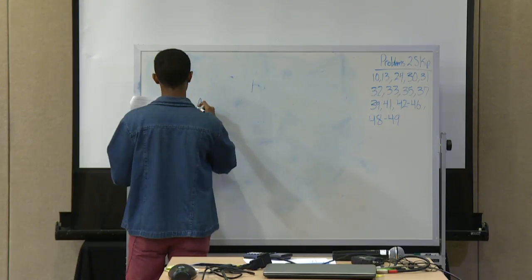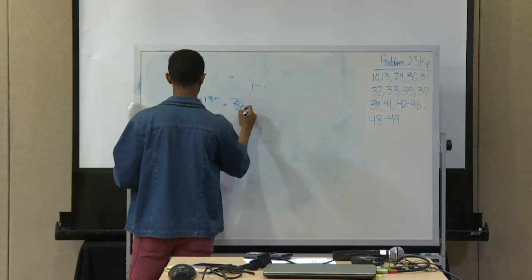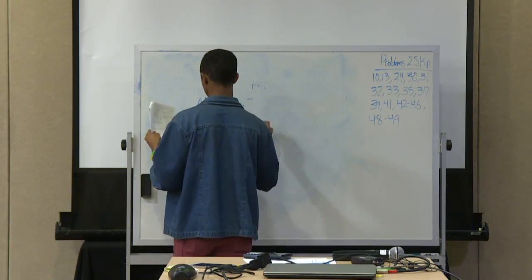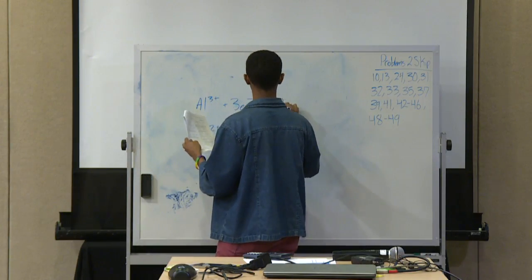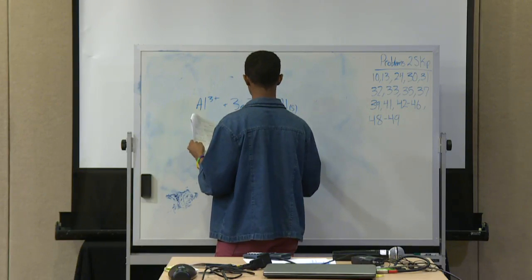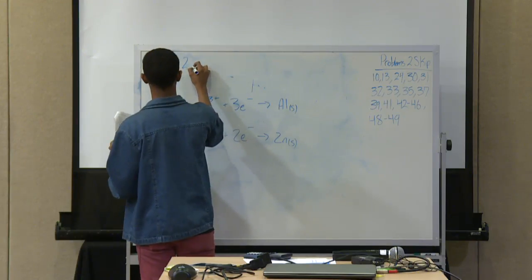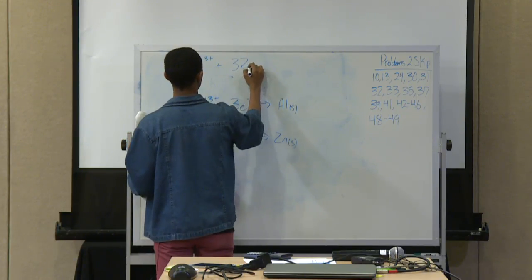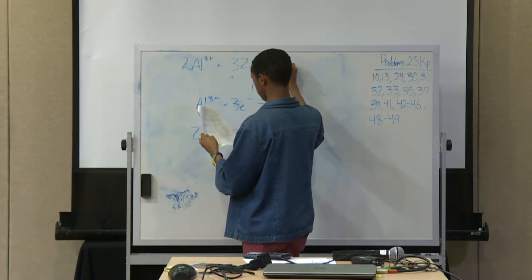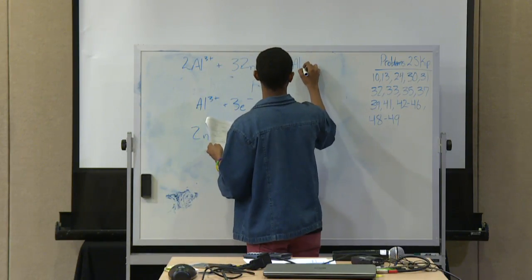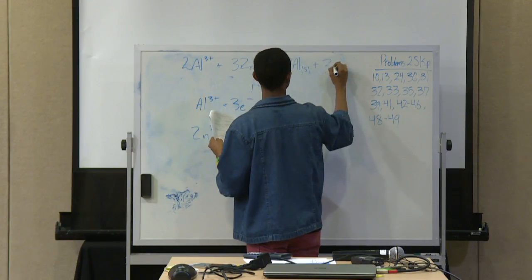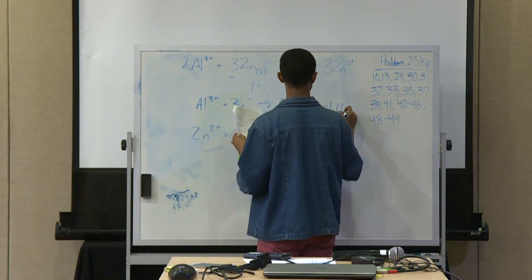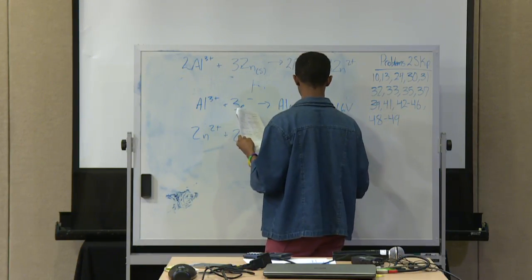One half cell is the reaction up here, and they give you the reduction potentials: negative 1.66 volts and negative 0.76.